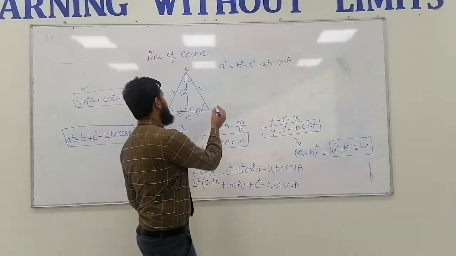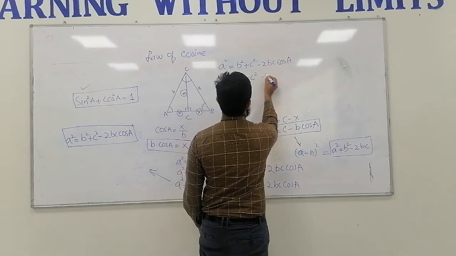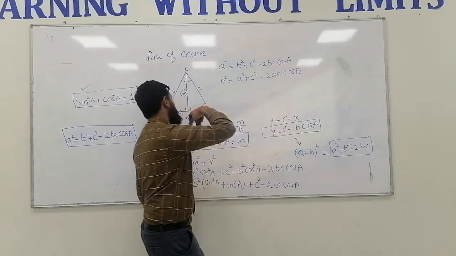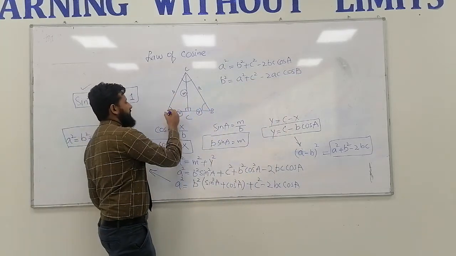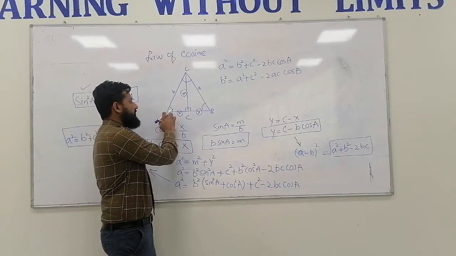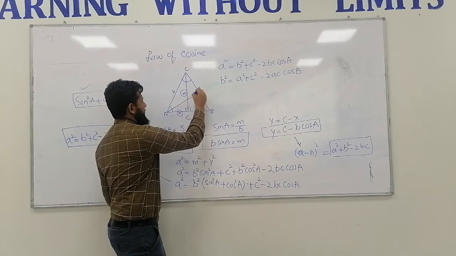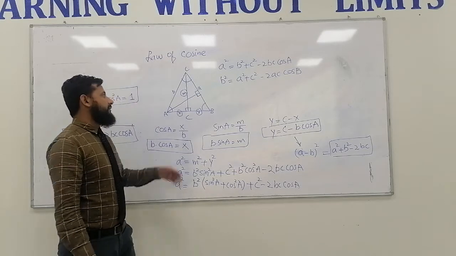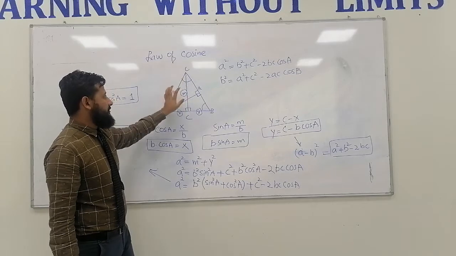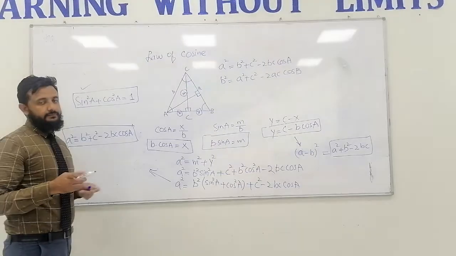Similarly, we can prove the other sides as well. You see b squared equals a squared plus c squared minus 2ac cos B. What we need to do is take a perpendicular line from some other angle, for example from here, then deal with this triangle, use the Pythagorean theorem on this triangle, and you'll get the same result.